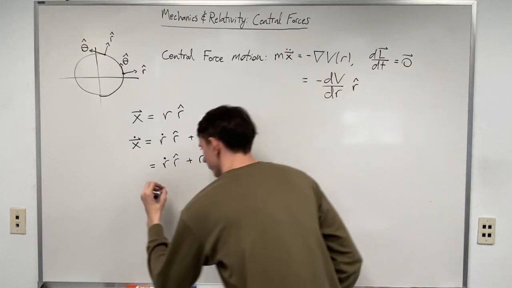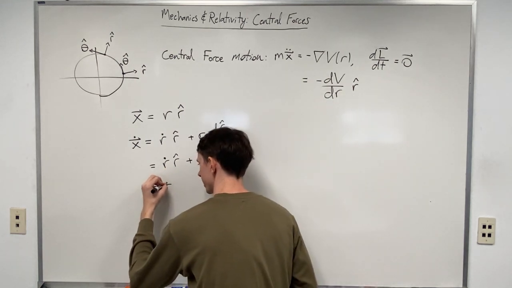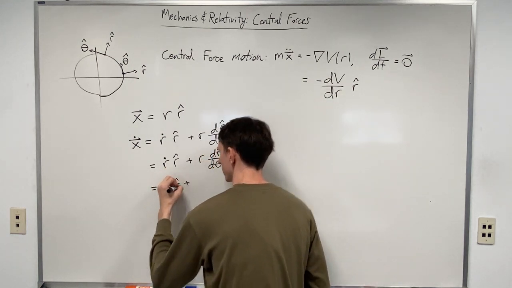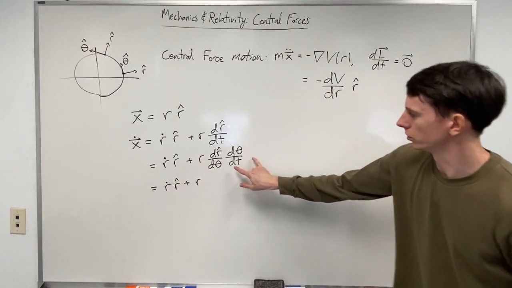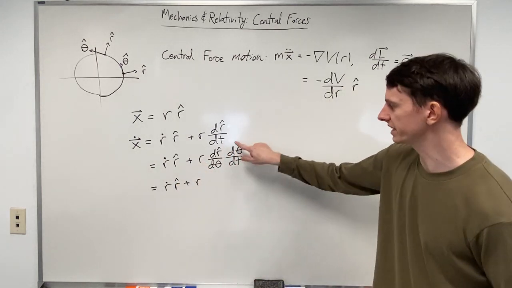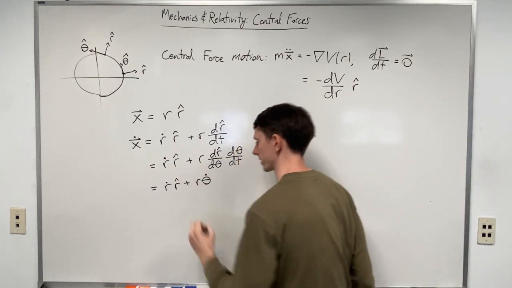And now, as one final step, we can say that this first term is still the same. We have r dot times r hat plus r. I'm going to look at this term next. d theta dt is just theta dot, like that.